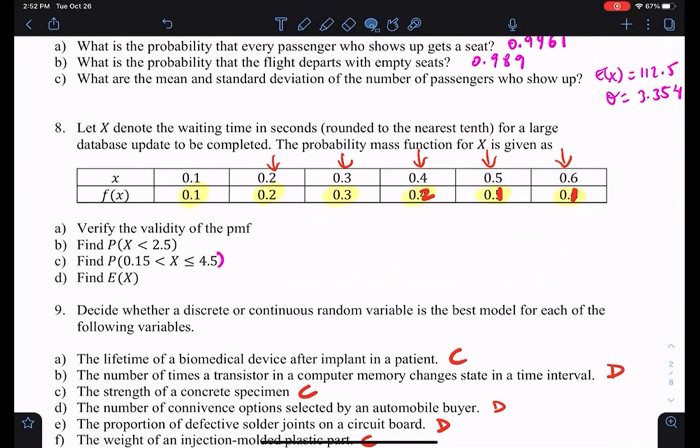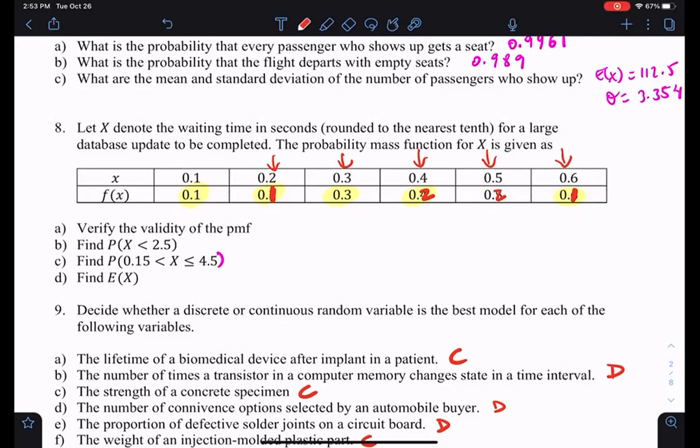It's supposed to be 0.1, 0.1. So this is also 0.1. Then 0.3, 0.2. This is also 0.2, and 0.1. Okay, that's the only thing I need to fix. You can fix that in your sheet too if you are working these problems.